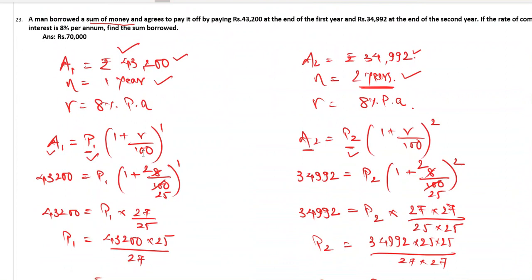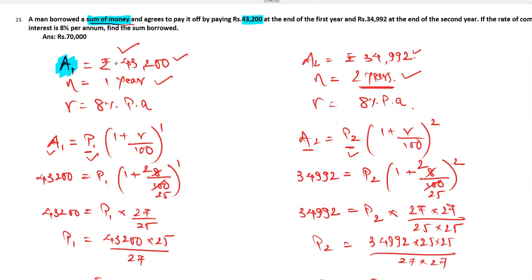A man borrowed a sum of money and agrees to pay it off by paying 43,200 at the end of the first year and 34,992 at the end of the second year. So see, a sum of money was borrowed for 2 years, but some amount was paid off at the end of the first year. What was that amount? 43,200.